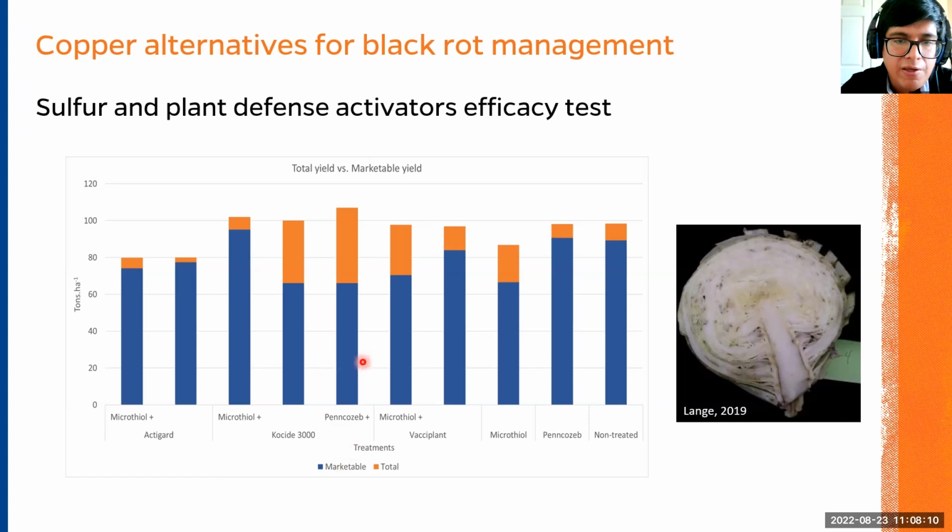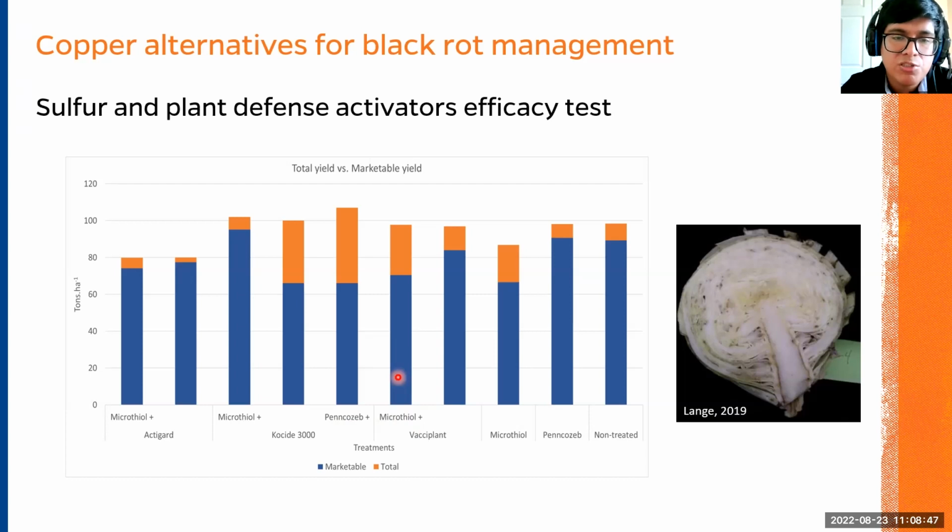We noticed that, even though there's no significant difference in the total yield or the marketable yield, some products are actually reducing the yield during this season. This is something that we saw in subsequent trials, but it was not consistent. It looks more like it was very sporadic, because in this case it's COSI, the combination of COSI with Manzate, and Microthiol with Vaxiplant that show reduction.